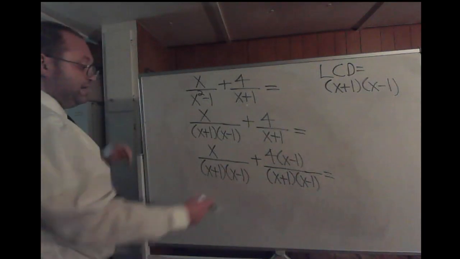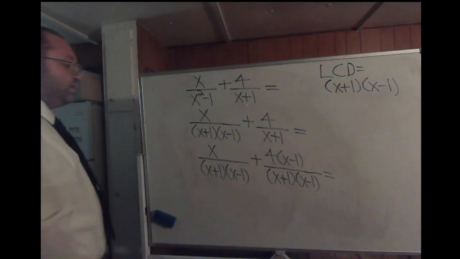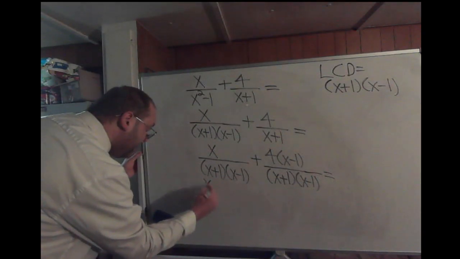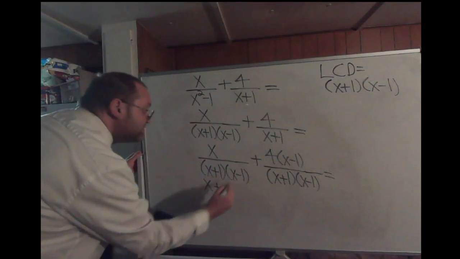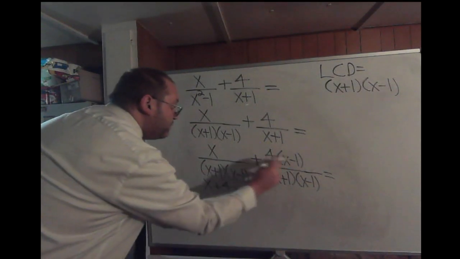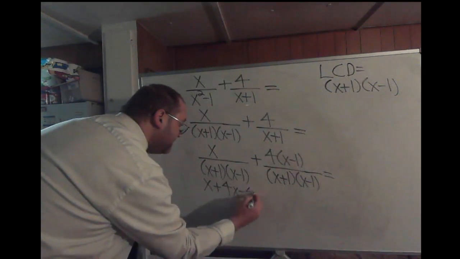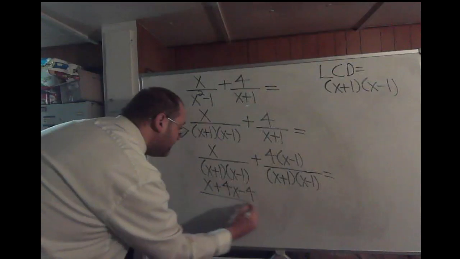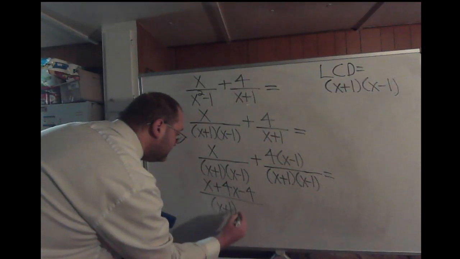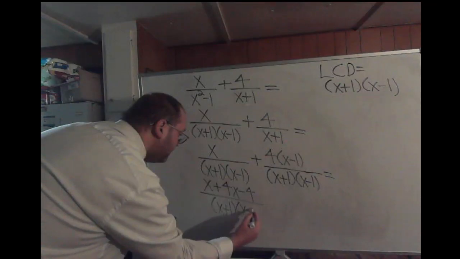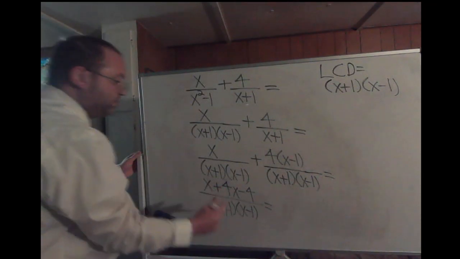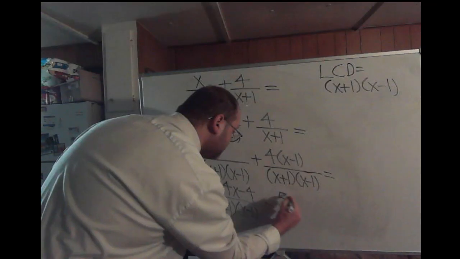Okay, now that we have the same common denominator, we can go ahead and do the math. You end up having x plus, you got 4 times x, well that's 4x. Then you have 4 times negative 1, that's negative 4. All over x plus 1 times x minus 1, which we simplify this further, x plus 4x, well that's 5x.